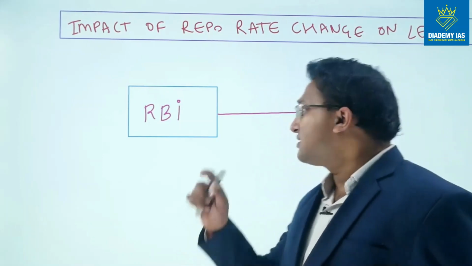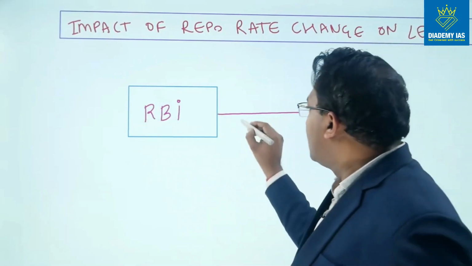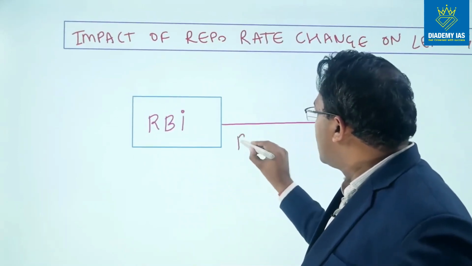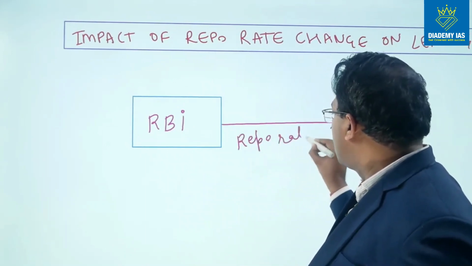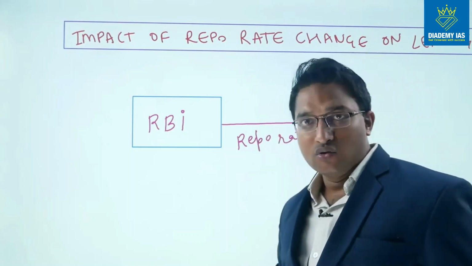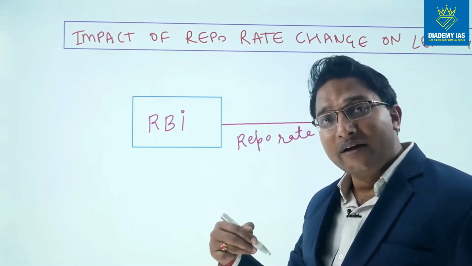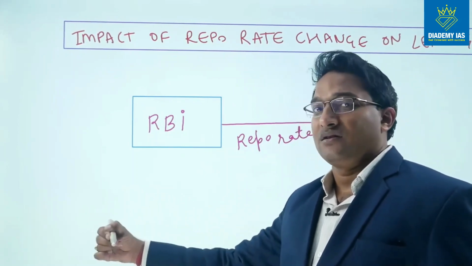So suppose this is the Reserve Bank of India, and Reserve Bank of India is giving the loan to the commercial bank at the repo rate. So repo rate or policy rate is the rate at which the RBI provides short-term lending to the commercial banks, right?